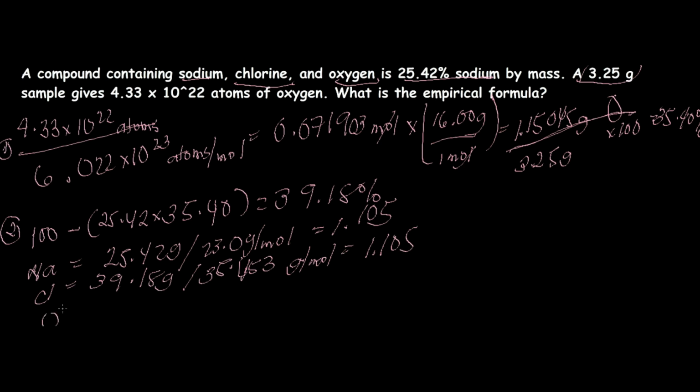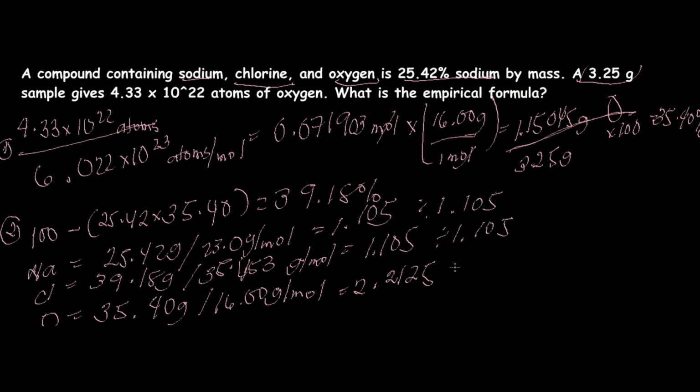And for oxygen, we'll have 35.40 grams divided by 16.00 grams per mole. This will give us 2.2125. Now, the next step is to divide by the smallest number of moles, 1.105. So this will give us 1, 1, and 2. So the empirical formula is NaClO2.